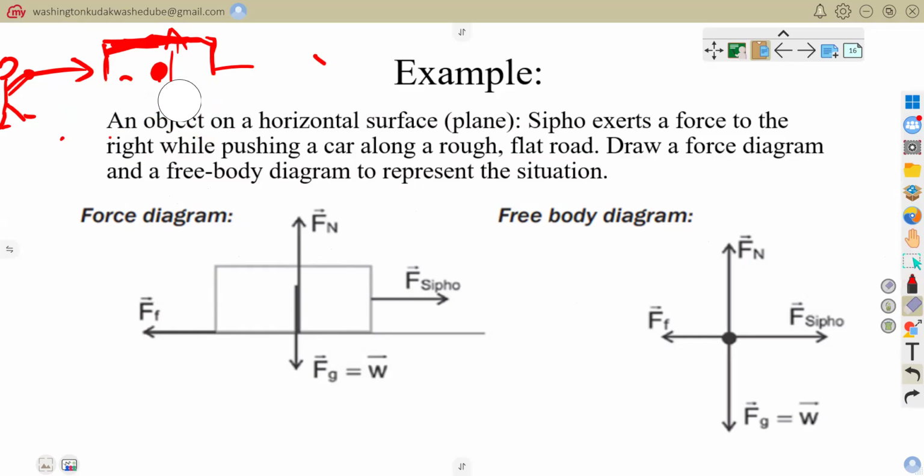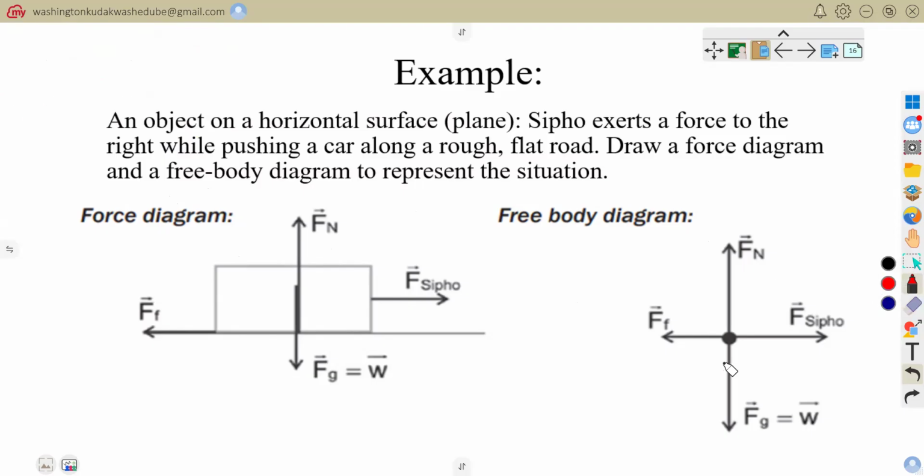And then once you've done that, you are going to represent on a free body diagram your body with a dot. And then you represent all the different forces acting on that body with the vector arrows. And this becomes your free body diagram.